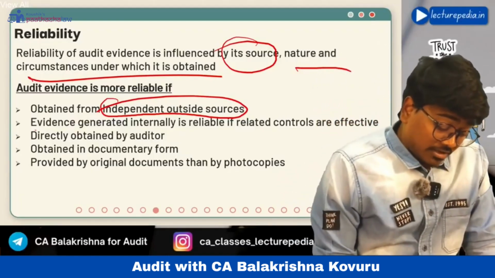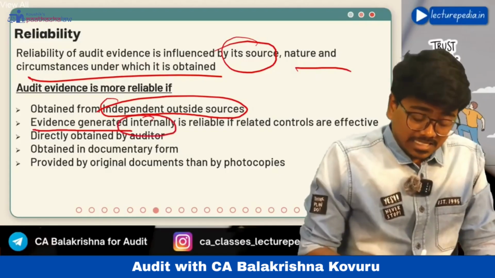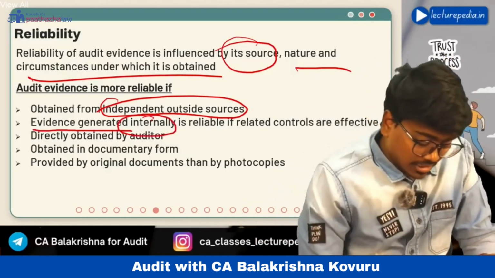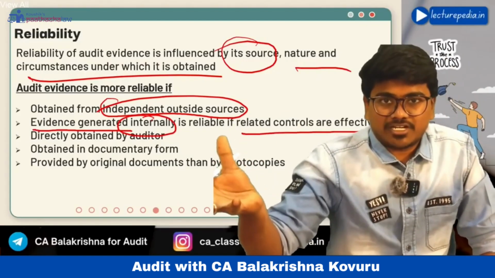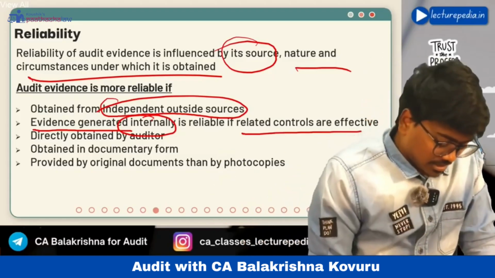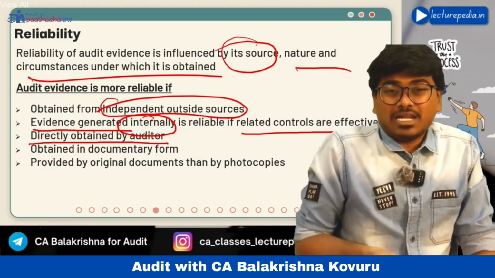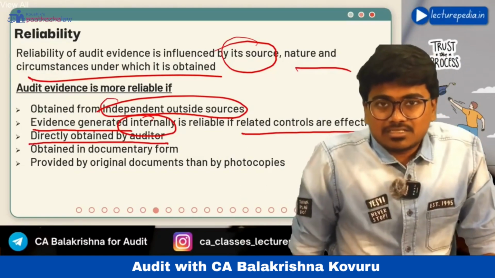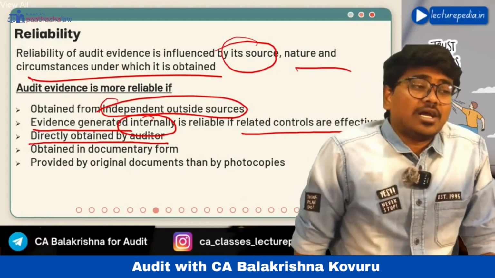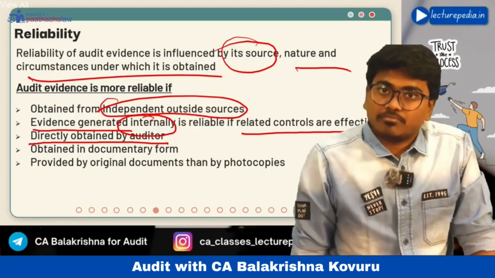And evidence that is generated internally is also more reliable if related controls are effective, right? Next, audit evidence that the auditor obtains directly is more reliable than the audit evidence that is given to the auditor by some other people, right?